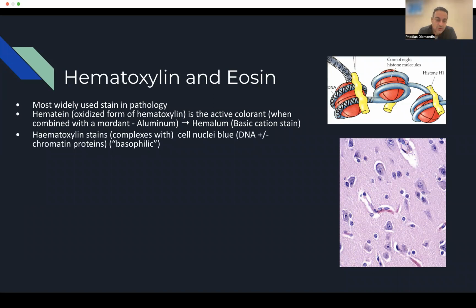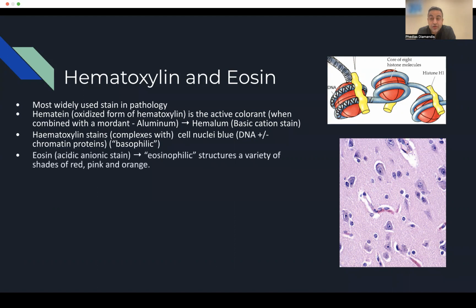So the stain, whatever you want to call it, will complex with cell nuclei, DNA, and chromatin, specific amino acids on the chromatin proteins, and those are called basophilic structures.